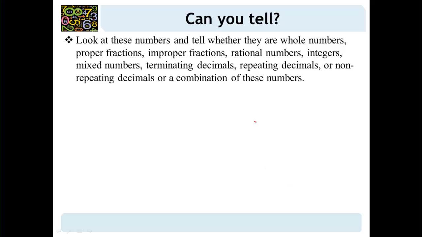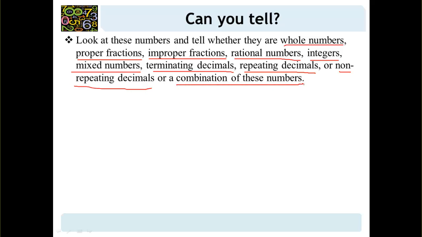I didn't mention all the numbers because this is based on our objectives. As I said in the beginning, we are more concerned about our objectives. So we want to classify the numbers we shall see as any of these numbers or a combination of them.